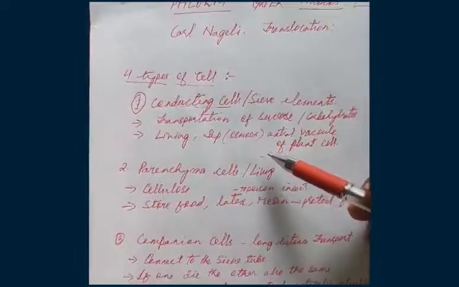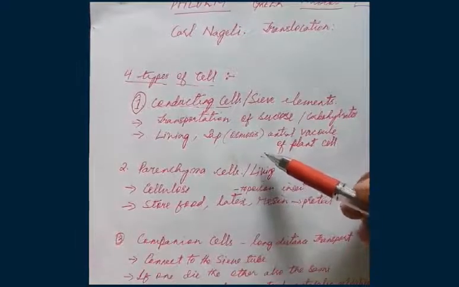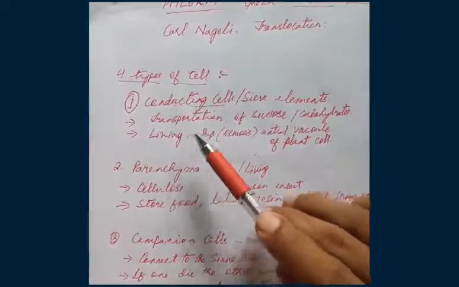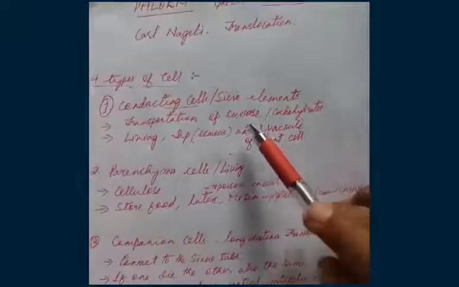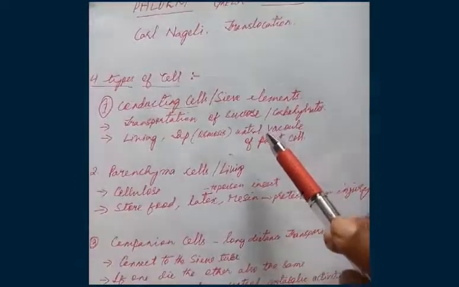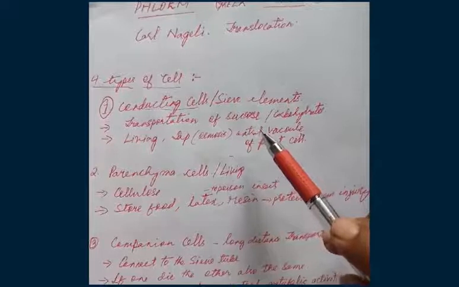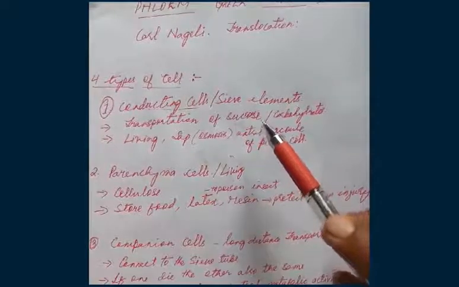What are the functions of this type of cell, that is the conducting cells or the sieve element? Number one, it is used for the transportation of sucrose and carbohydrates. But remember, during photosynthesis, the plant produces glucose, right?